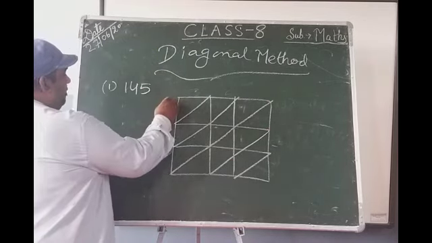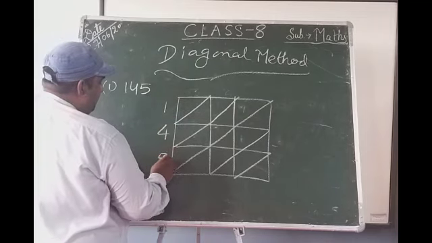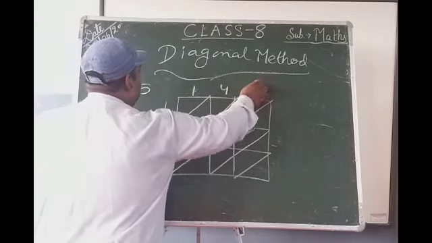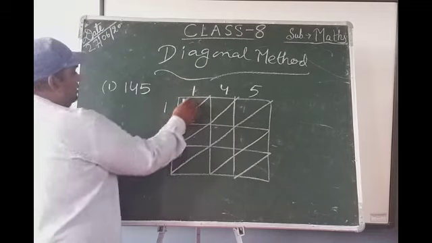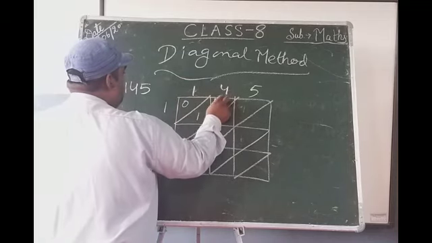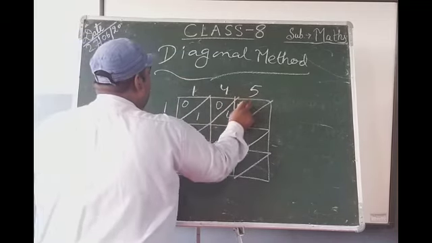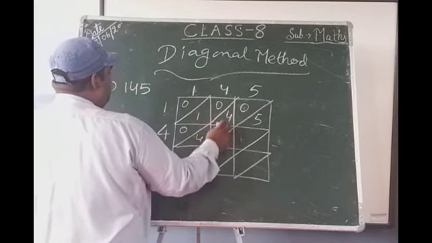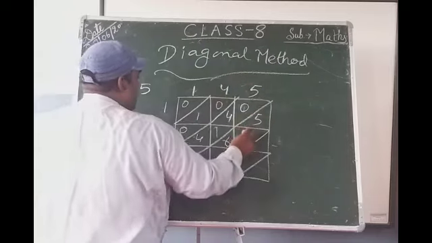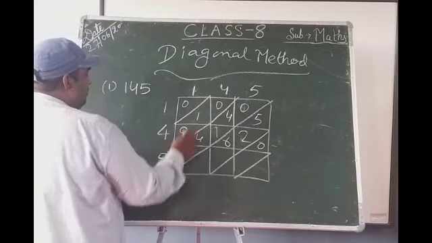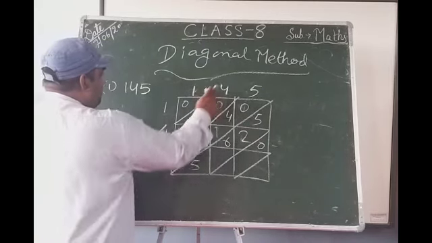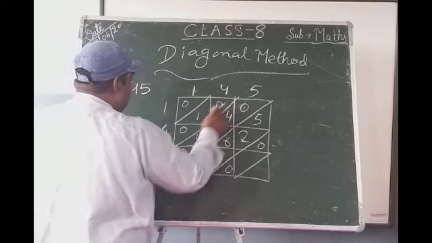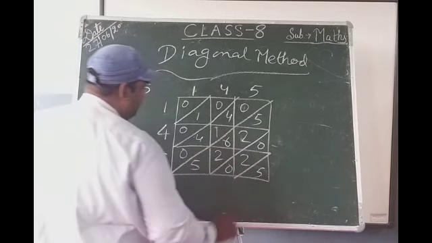Write 1, 4, 5 across and 1, 4, 5 down. 1 into 1, 01. 1 into 4, 04. 1 into 5, 05. 4 into 1, 04. 4 into 4, 16. 4 into 5, 20. 5 into 1, 05. 5 into 4, 20. 5 into 5, 25.